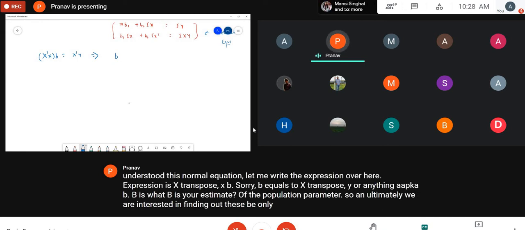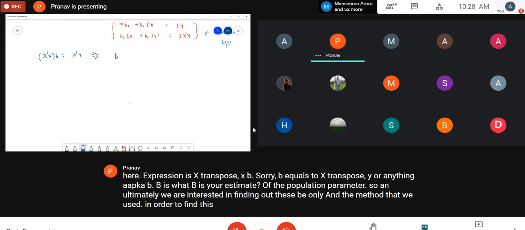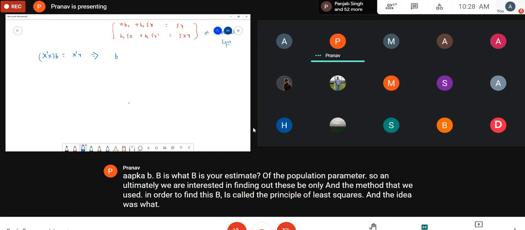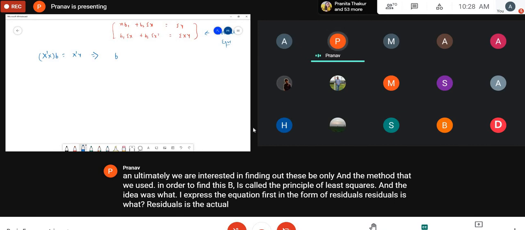And the method that we use to find this b is called the principle of least squares. The idea was what? I express the equation first in the form of residuals. Residuals is the actual observation minus the fitted observation.